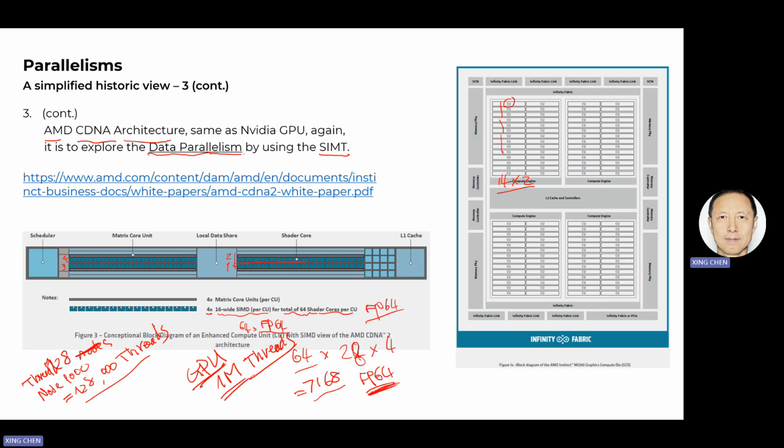Okay, so this is pretty much a historic view of the industry. From this review, what we can understand is that to deliver the required performance to the industry, data parallelism is necessary. Everybody has to explore data parallelism to deliver the performance.